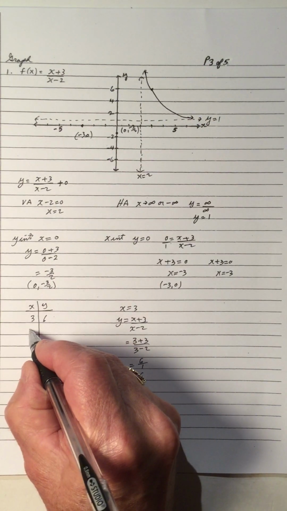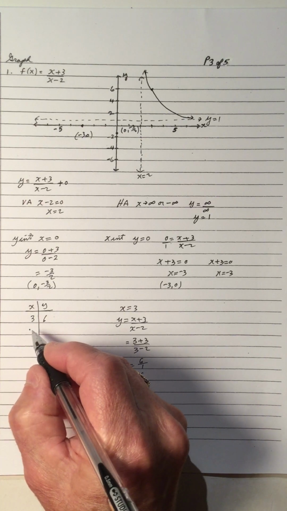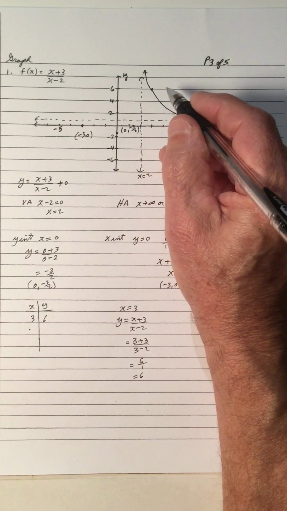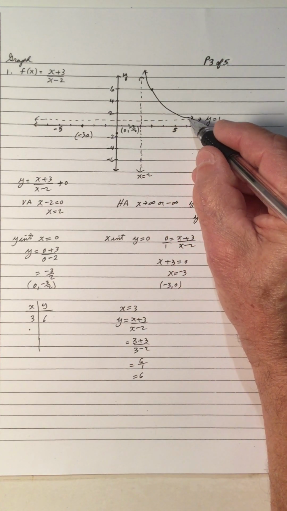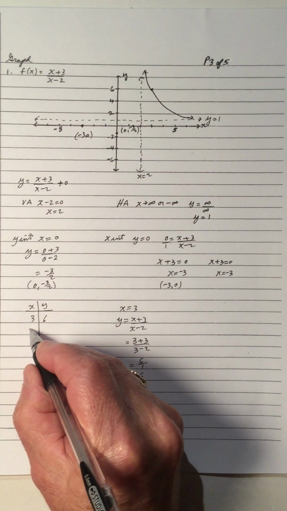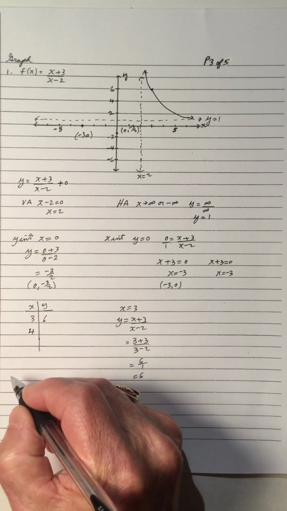So let's look at the other side. We could take another point on this side, just to make sure, if you wish. So let's look at 4.